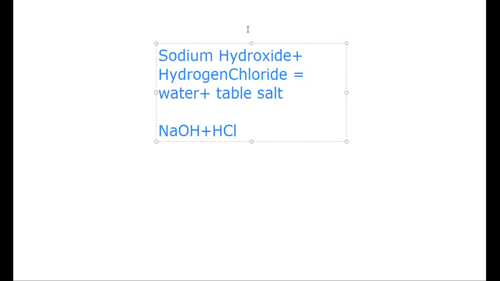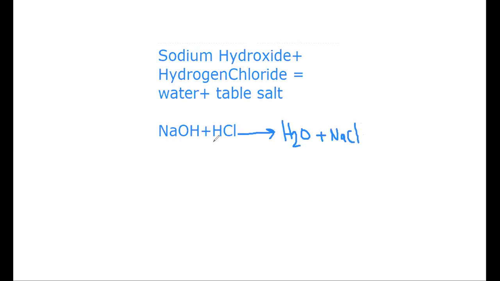We have two reactants. Now, what should I write here? Who can tell me? An arrow yields what? Water, and NaCl, which is table salt.